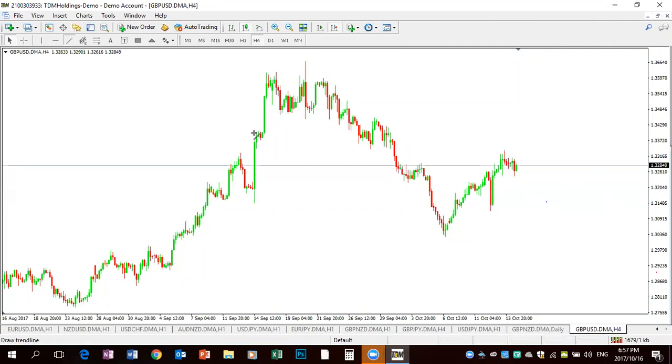Now, what do you see here? This is an uptrend. Why do I say this is an uptrend? It's because it's making higher highs and it's making higher lows. Now, how do I draw my trend line on an uptrend? I will start from that low to that high.